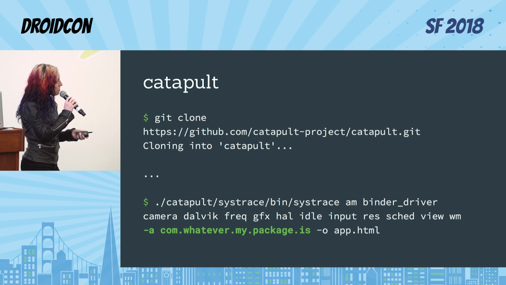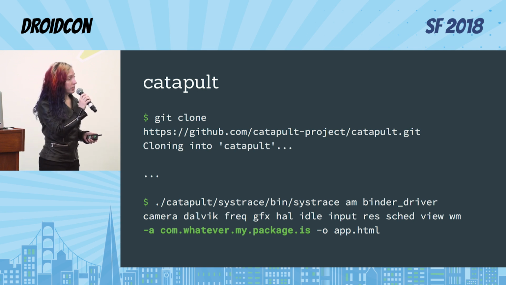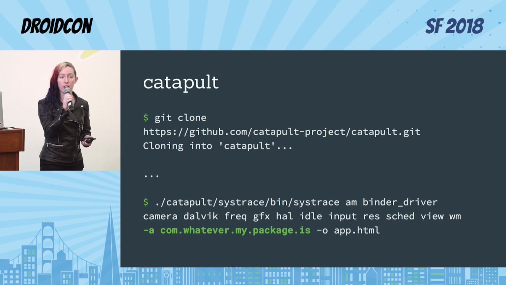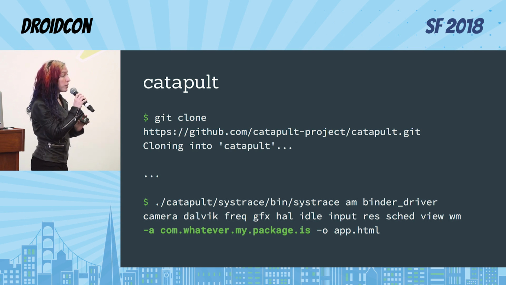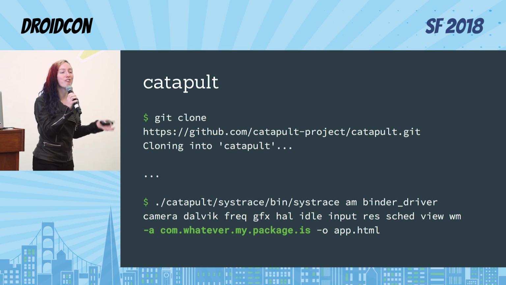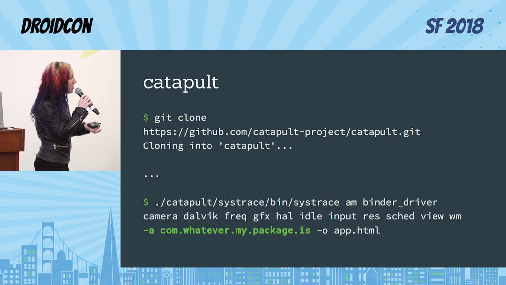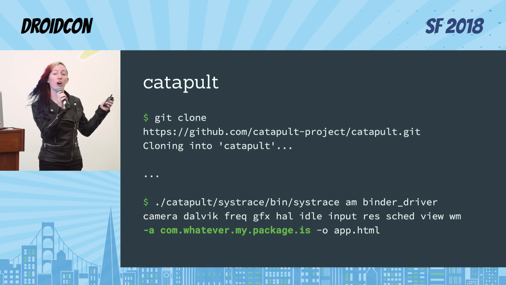So this giant list of arguments is trace categories. And this is actually the list of trace categories that I would recommend for getting relevant information out of your apps. So these are the good ones. And also, I want to specifically call out this -a argument.